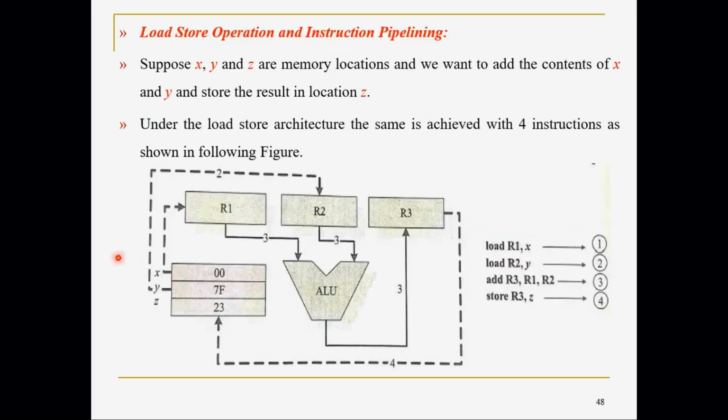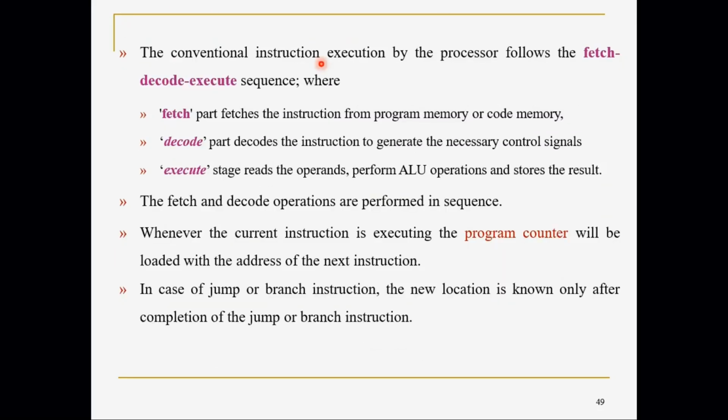Then what is pipelining? Load store operation and instruction pipelining. Pipelining also we have studied. There are different stages in the processor or microcontroller for how an operation exactly gets executed. The most common pipelining concept is the 3-stage pipeline. Initially we fetch the instruction and the data required to operate that instruction.